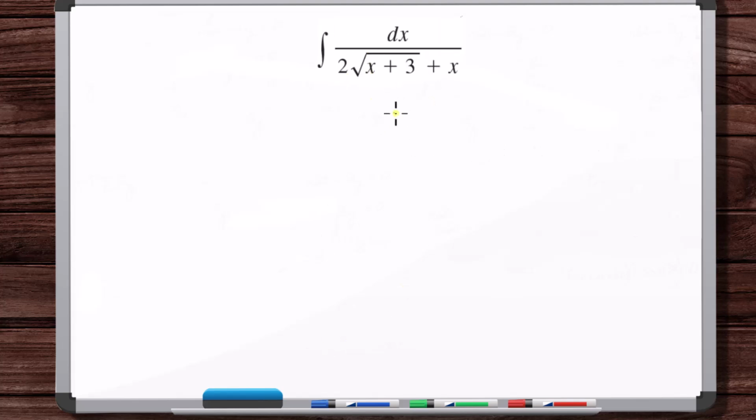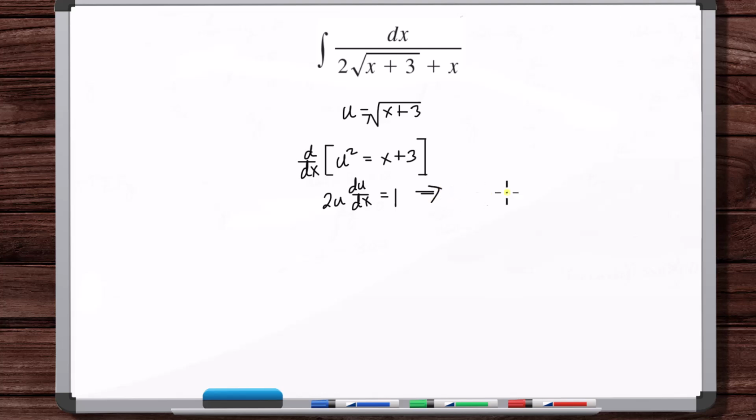Okay, so we'll say that u is equal to the square root of x plus 3. If we differentiate here, I don't think that's going to be helpful, so we'll say that u squared is equal to x plus 3. So 2u du dx is equal to 1, so 2u du is equal to dx.